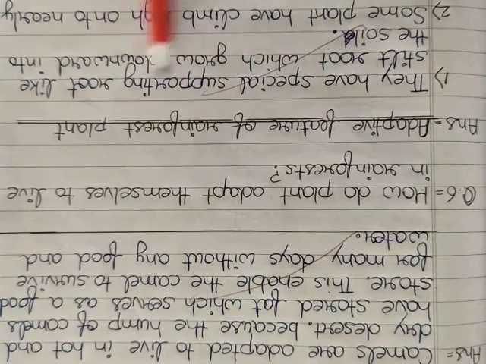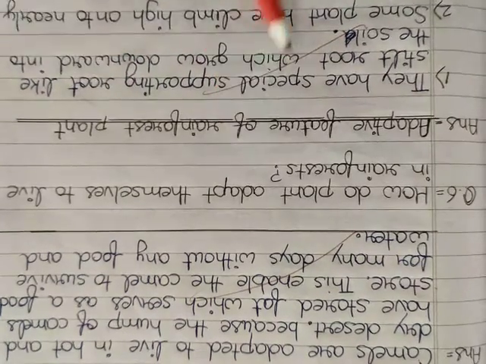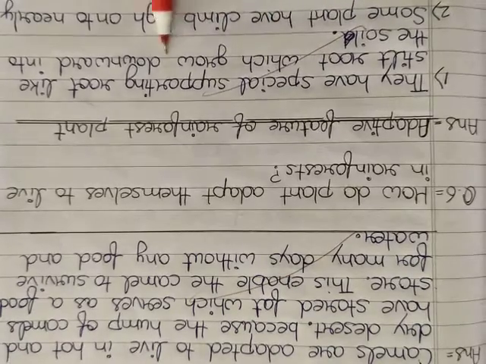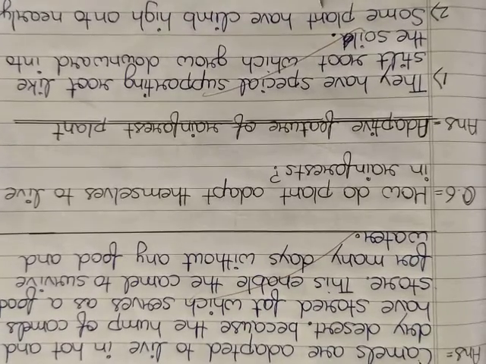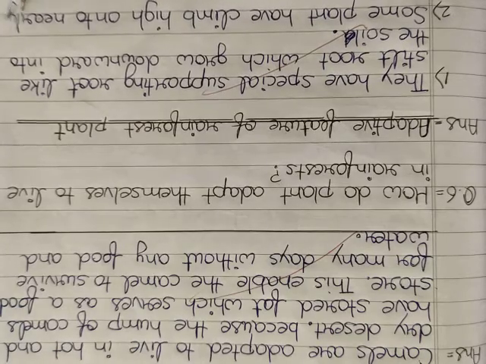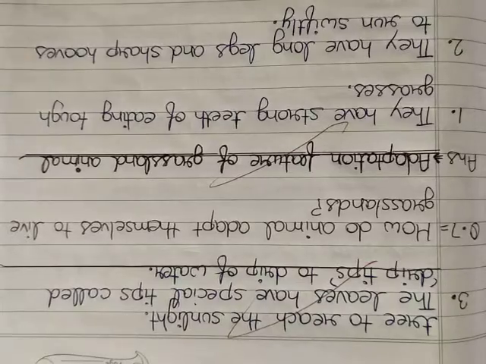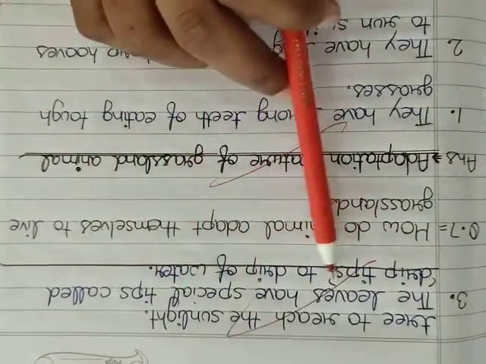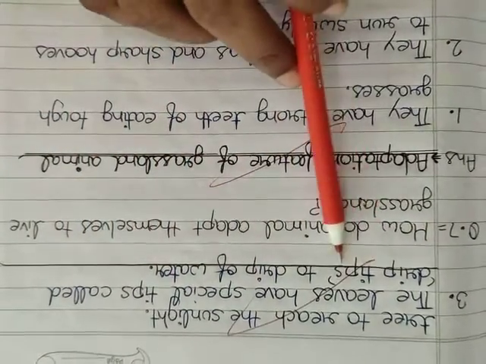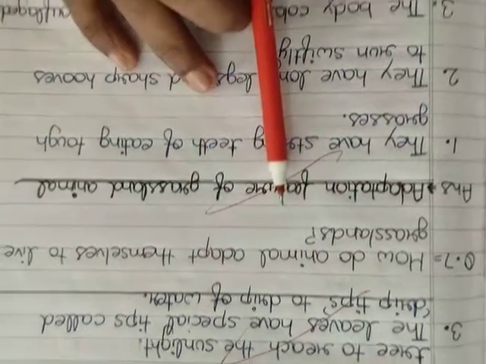Adaptive features of rainforest plants. They have special supporting roots like stilt roots which grow downward into the soil. Some plants have climbed high onto nearby trees to reach the sunlight. The leaves have special tips called drip tips to drip off water.